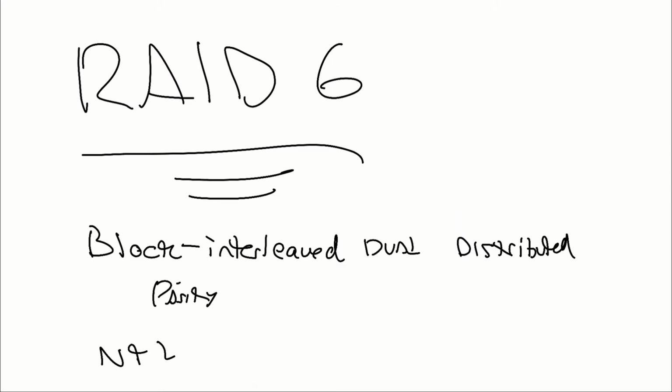Data availability is going to be the highest of all alternatives. And for large I/O, it's going to be similar to RAID 0 for read, a little bit lower than RAID 5 for write. Again, I'll pull up the picture for that one.